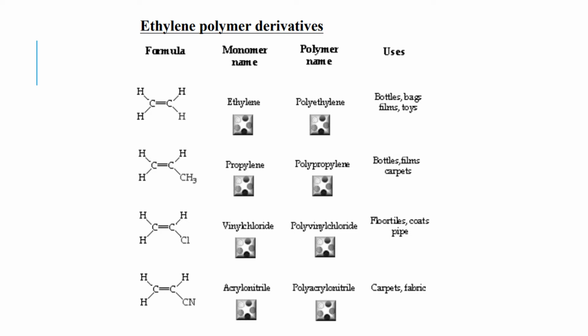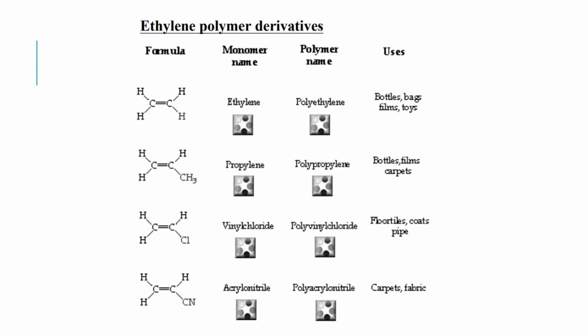There's the classic ethylene polymer, polyethylene. That's the polymerization process that I showed you a few slides ago. And it's used very, very heavily. So we spoke about that at the start of the lecture. Bottles, bags, films. It's found in children's toys. It's used very, very widely in the biomedical industry.